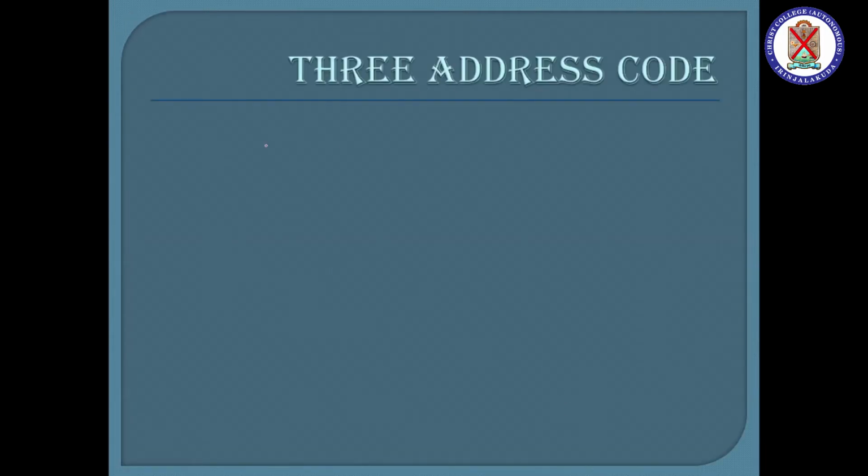So what is a 3 address code? For example, x is equal to y plus z. This is a 3 address code, but y is equal to x star, z plus c is not a 3 address code. So I will summarize.